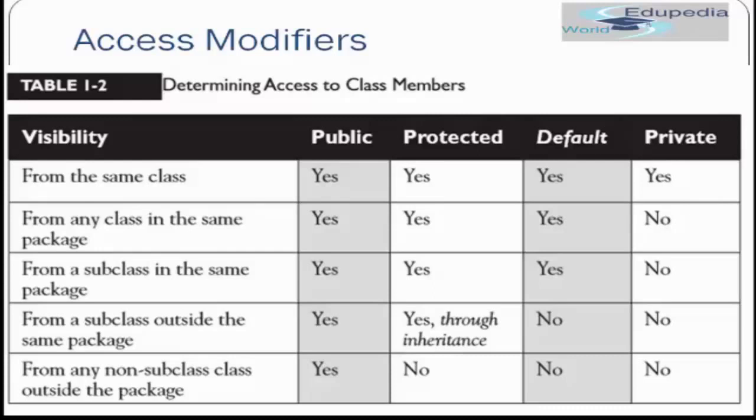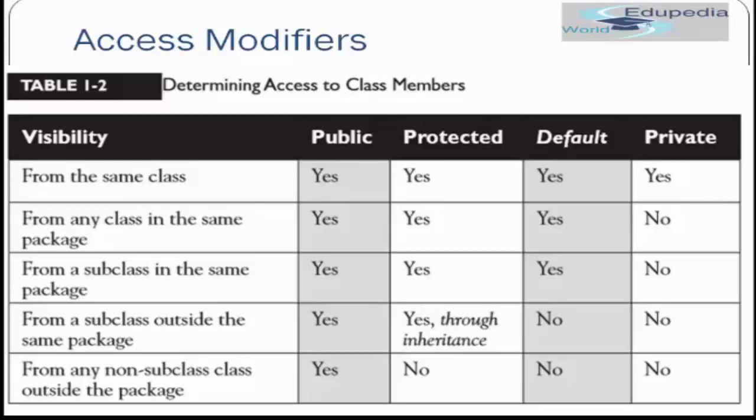From any class in the same package, again you can access it. From a subclass in the same package, again it's able to access it. And from a subclass outside the package, it is still available. From any non-subclass outside the package, yes, it is available. So it is available everywhere within your project if it is public.